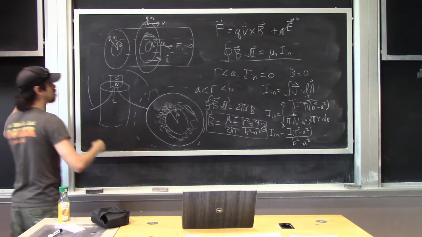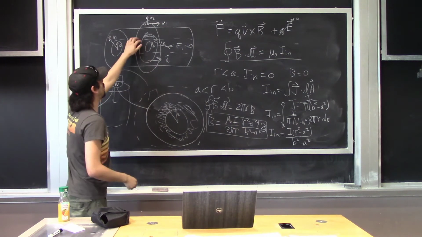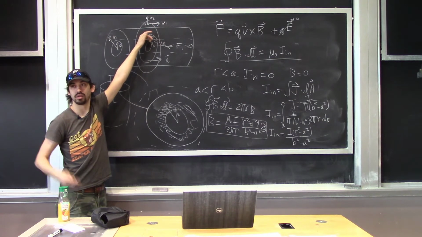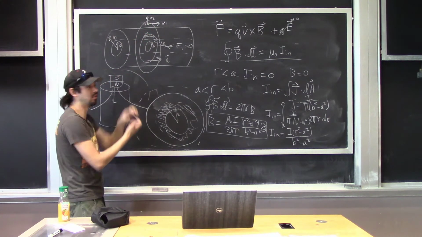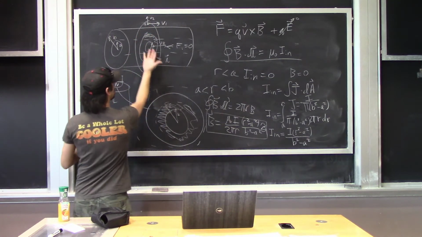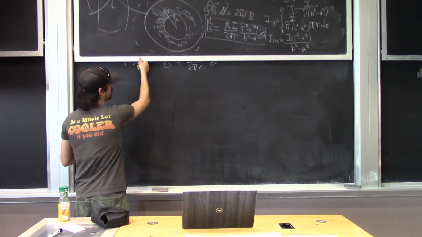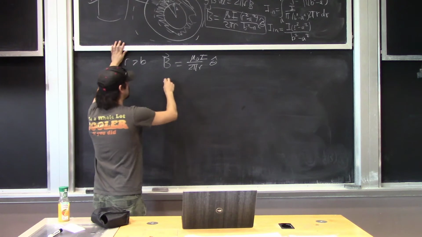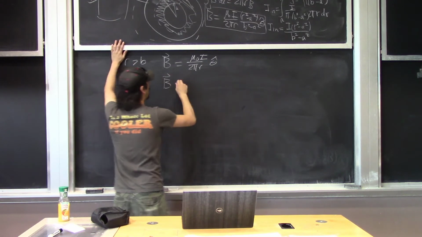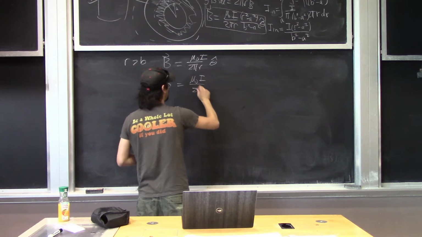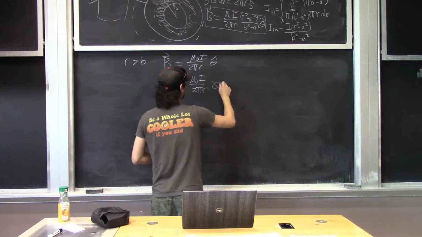So if the current is going this way, what's the direction of the magnetic field up here? Yeah, you got it. It's pointing out, right? So we finger in the direction of the current, curl in the direction of the magnetic field. And so the magnetic field above the wire is going to be mu naught I divided by 2 pi R pointing out.